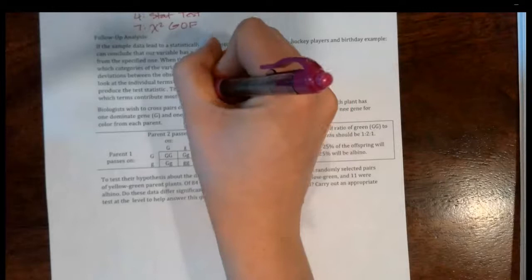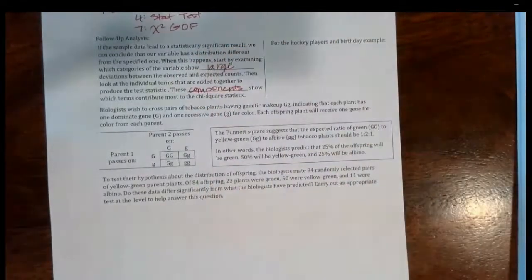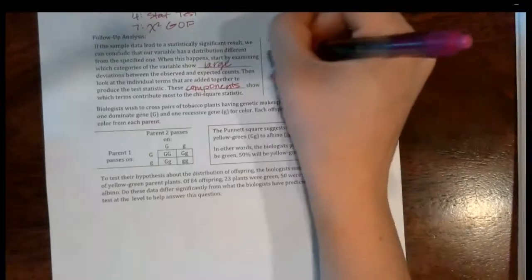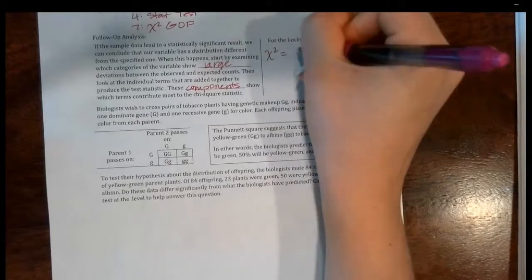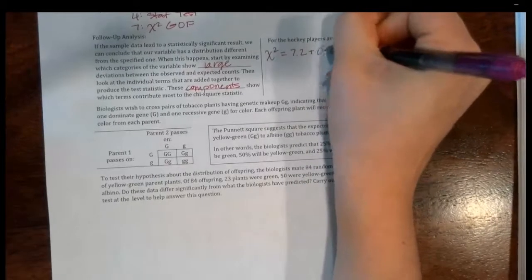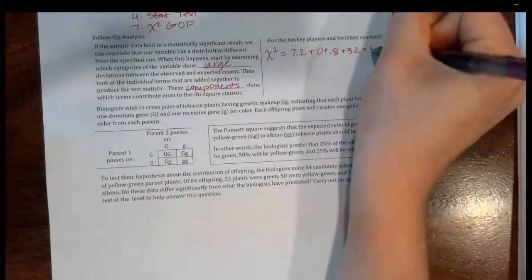These components show which terms contribute most to the chi-squared statistic. So for the hockey players one, if we did all the work in class, but we got 7.2 for the first one, and then 0, and then 0.8, and then 3.2, for a total of 11.2.